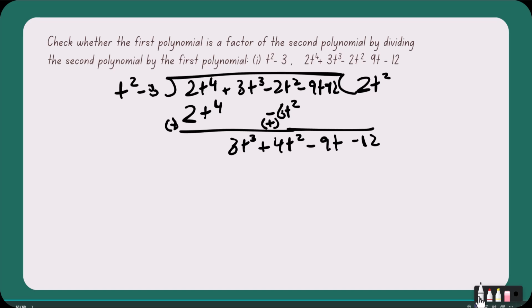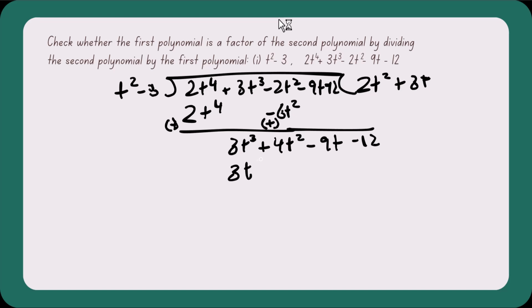Now what should I multiply next? I have to multiply with 3t, correct? So if I multiply with 3t, the quotient will have 3t. What will I get? It'll become 3t raised to 3, right? Yes, 3t into t square is 3t raised to 3. Then we have minus 9t, right?